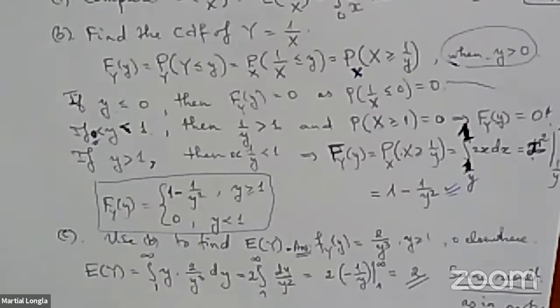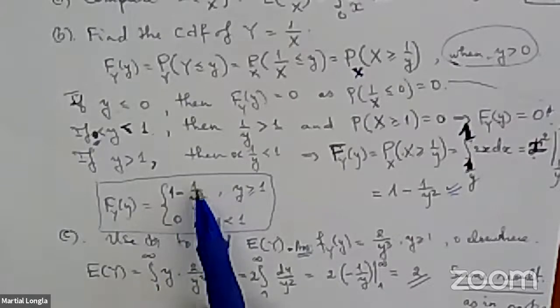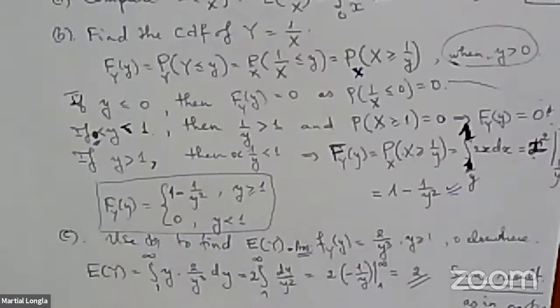So it really doesn't matter where I put the equal sign, because the values of the probability are going to be the same whether it's here or there. Then you take the limit when y goes to infinity. What should it be? 1. So when y goes to infinity, you get 1 over infinity, 0, 1 minus 0, 1. So yes, you think perhaps you got the right thing.